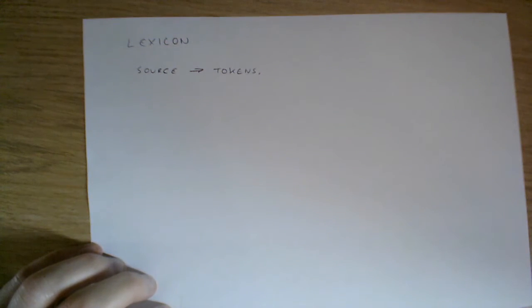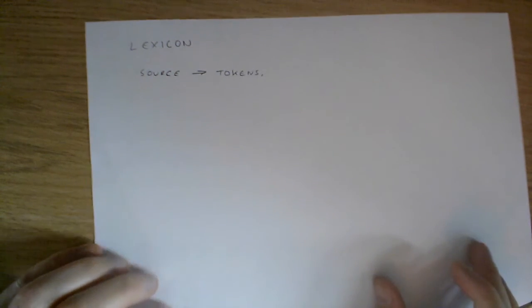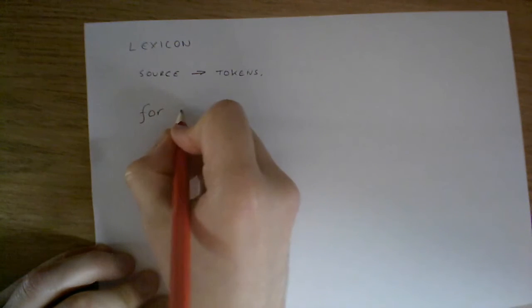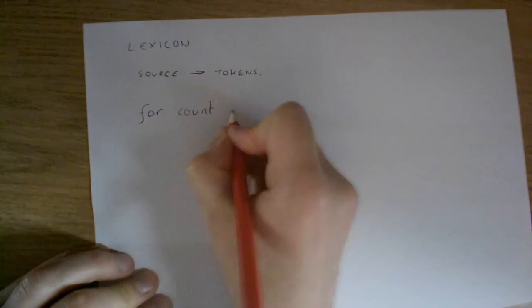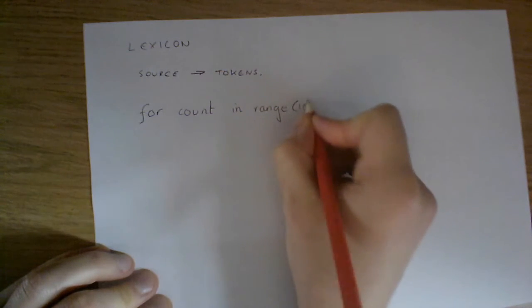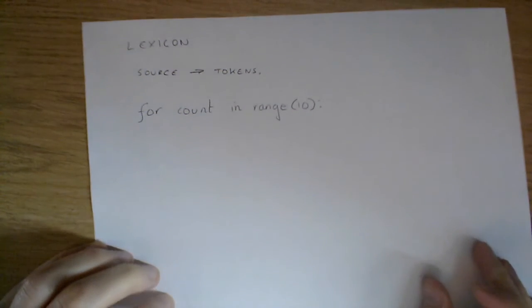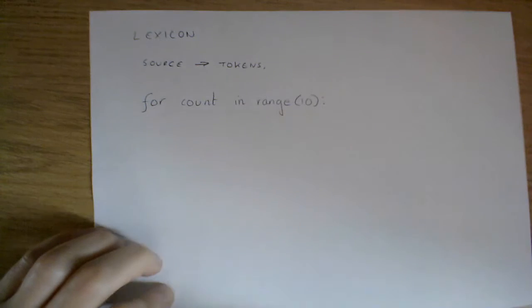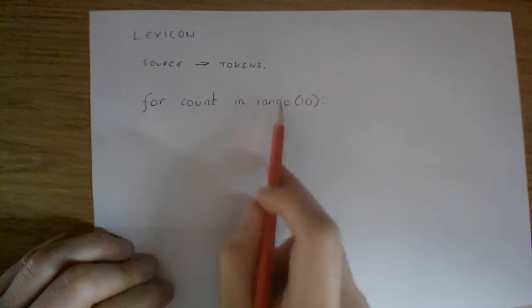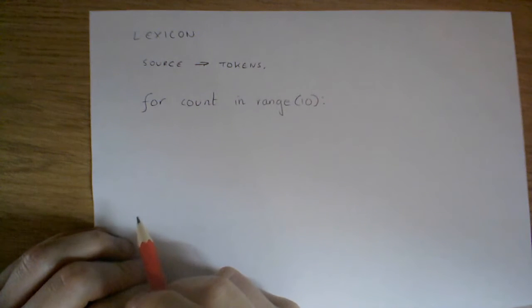So let's take a very quick look at a very simple piece of code. I'm going to have for count in range 10. This is a very simple, straightforward line of Python. Now, what lexical analysis will do is it will look at this code one character at a time.